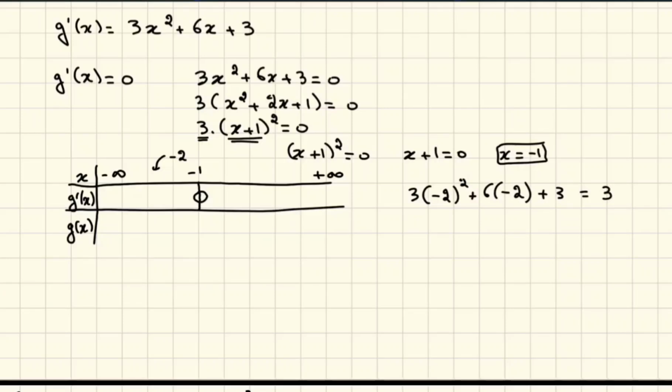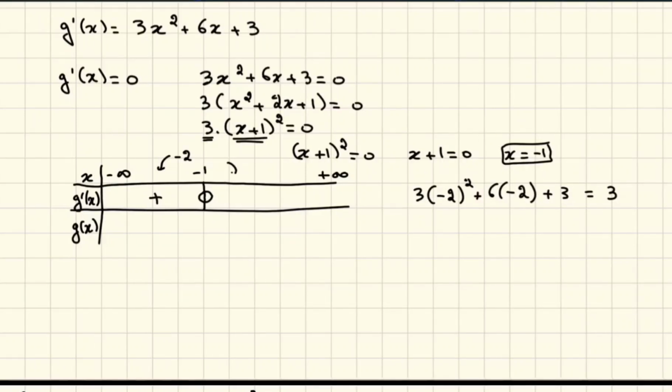The answer will be 3, positive, and we can pick a value after negative 1. So you can pick 0, you can pick 1, whatever you want, and replace it in g prime of x. When you do that, you're going to get plus.